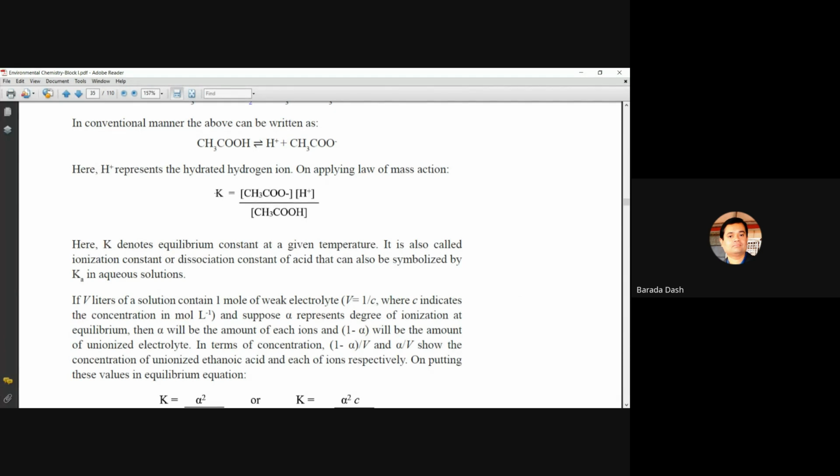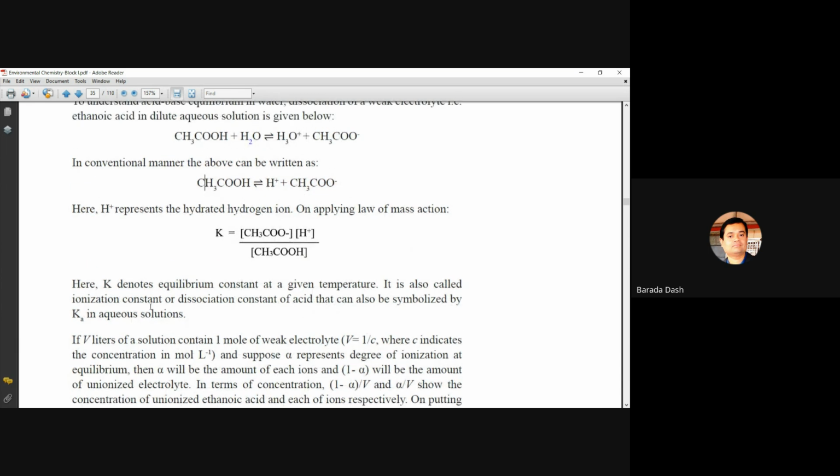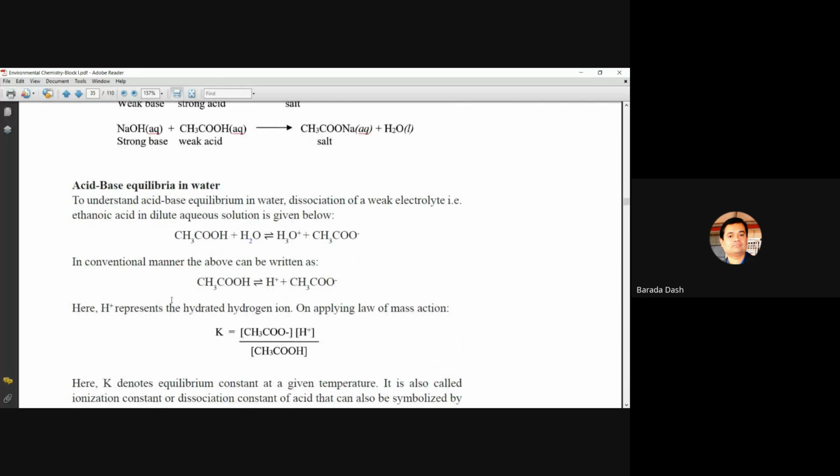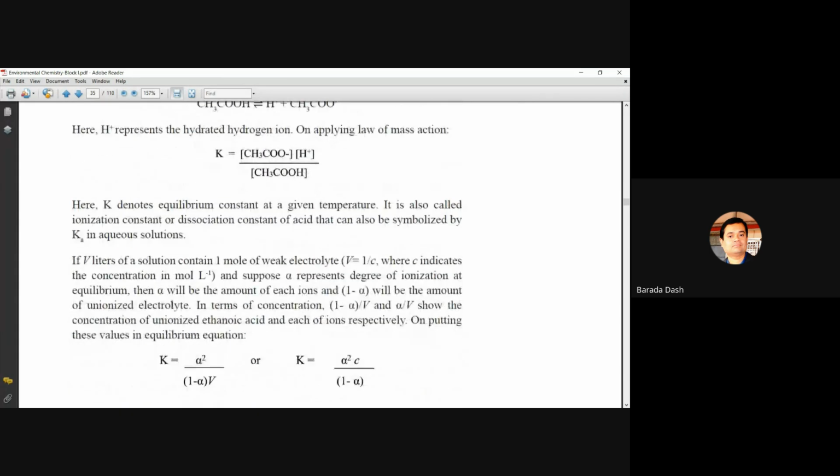Then K is the equilibrium constant: the concentration of H plus multiplied by the concentration of CH3COO minus, divided by the concentration of acetic acid. K denotes the equilibrium constant. So this is basically acid-base equilibria in water.